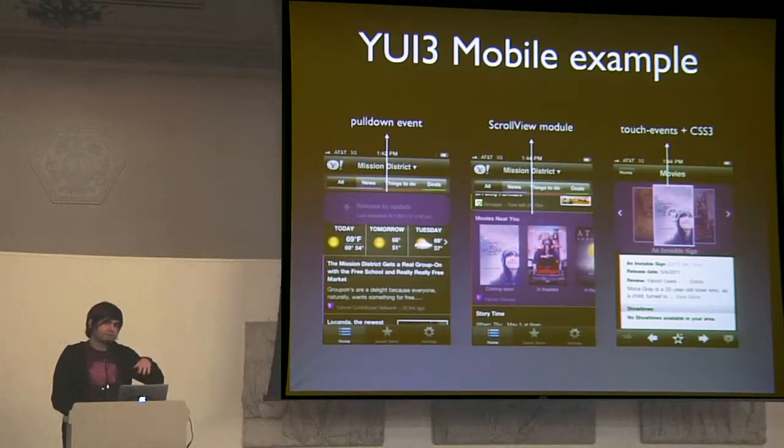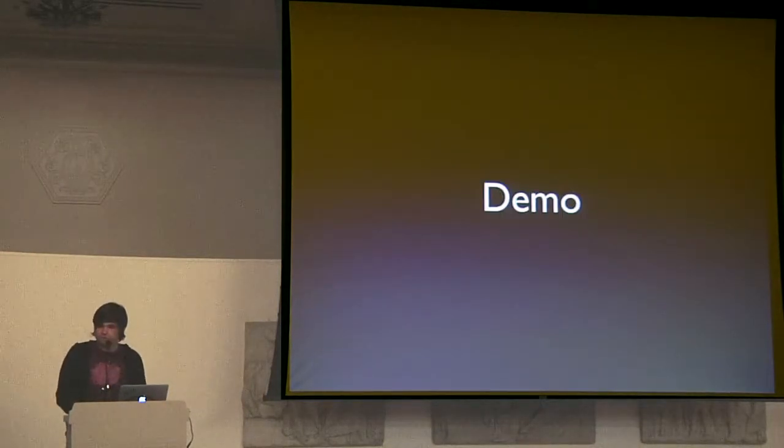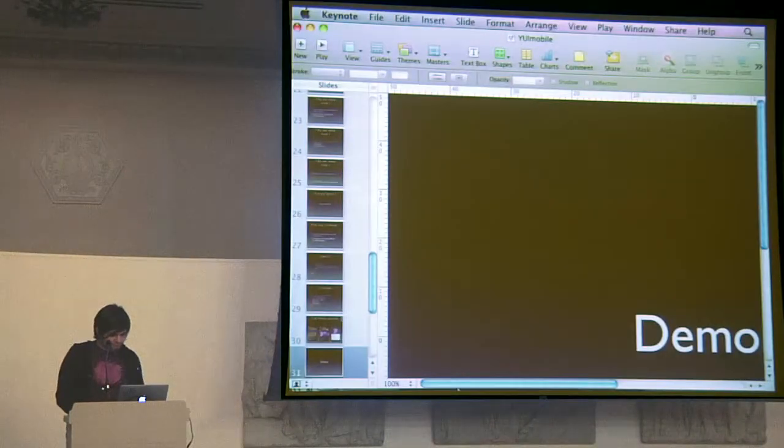And using CSS3 plus touch events, we also did this carousel that looks like iOS cover flow. So again, just using YUI3, all web components, highly scalable. So let me just show you a demo of the whole thing.